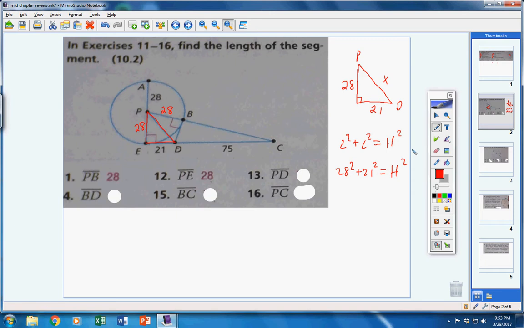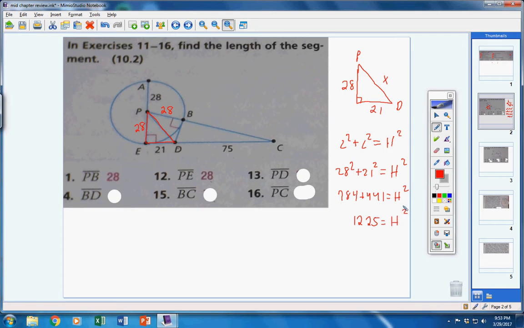Let me grab my handy dandy calculator here. And let's see what we have. 28 squared is 784. 21 squared is 441. Add those two together and you will get 1,225. And now take the square root of both sides.